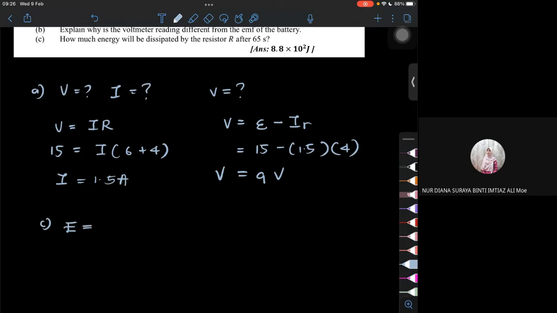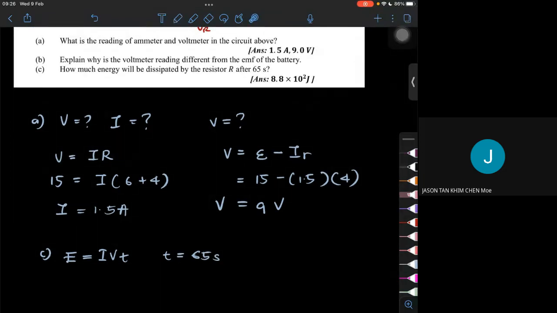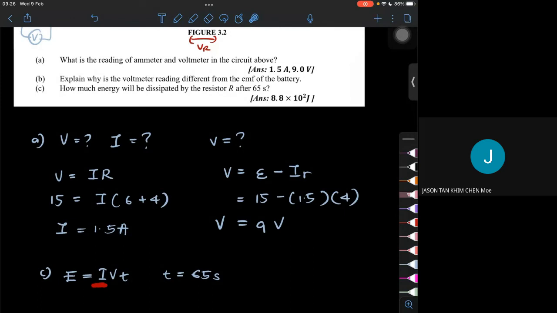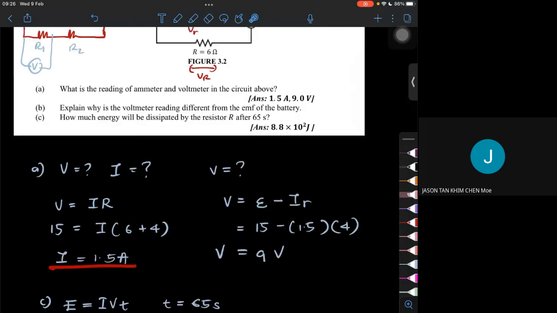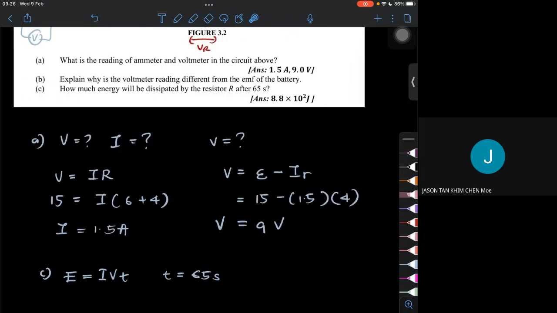Okay, apa formula untuk energy? P T. I V T, and given that T is equal to 65 second. So I dekat sini kita sudah ada 1.5 because dia adalah series circuit, so 1.5 for the whole circuit.